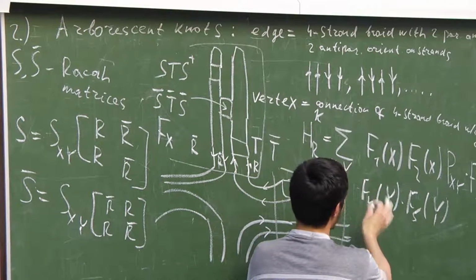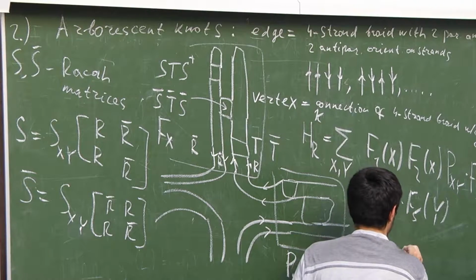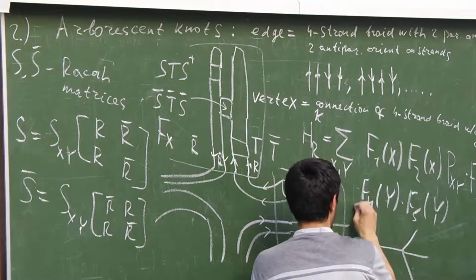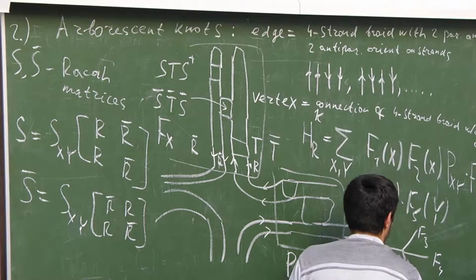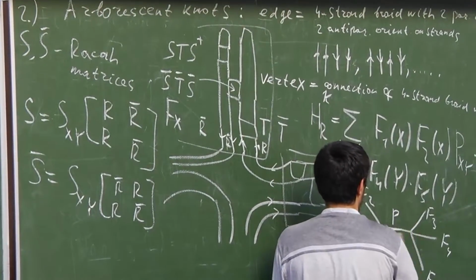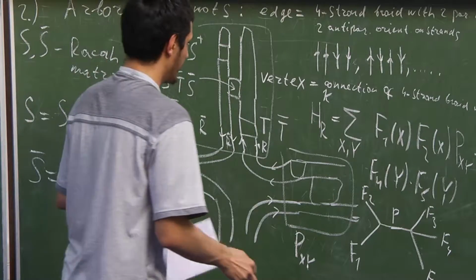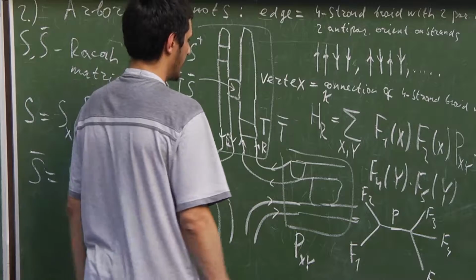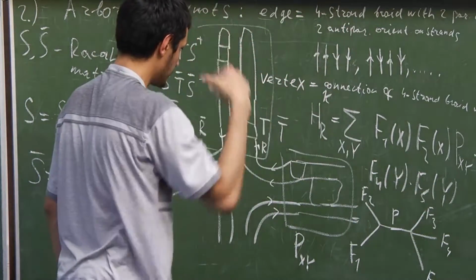So the picture corresponding to this formula is just such a tree: f1, f2, f3, f4, f5, and here I have p. So with the help of such building blocks, I can calculate the quantum invariant for any such knot and link.